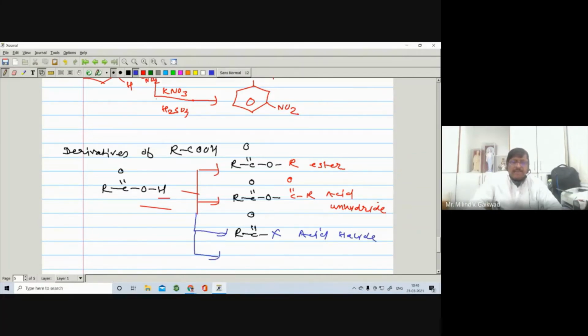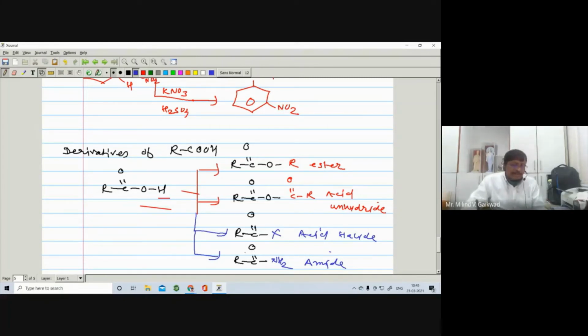Similarly, if the OH is replaced by NH2, it is called an amide. So the derivatives of acids are ester, acid anhydride, acid halide, and amide. So there are these four examples, right?